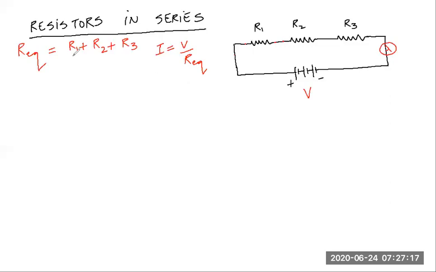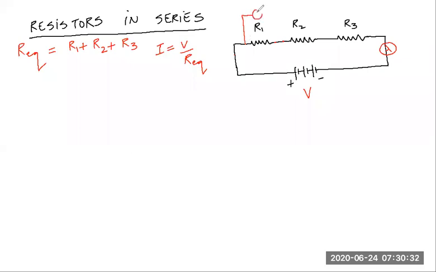Equivalent resistance is R1 plus R2 plus R3. Now guys, we want to know what is the voltage across the first resistance. The voltage across all the three resistances is V.